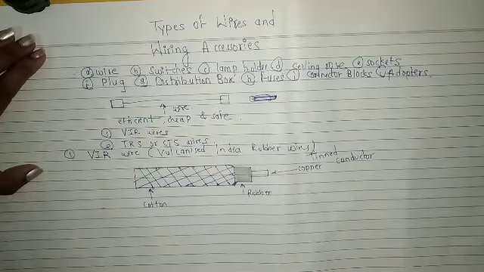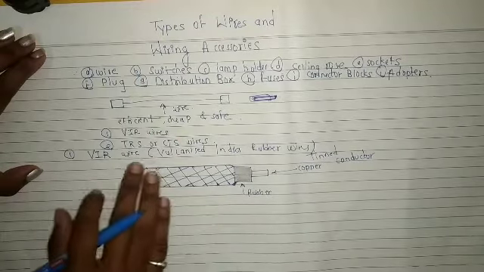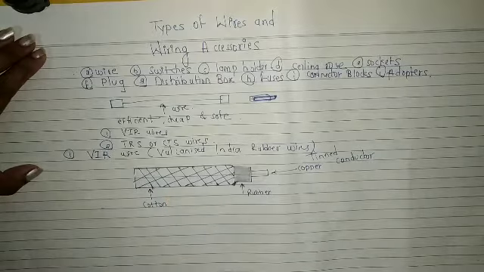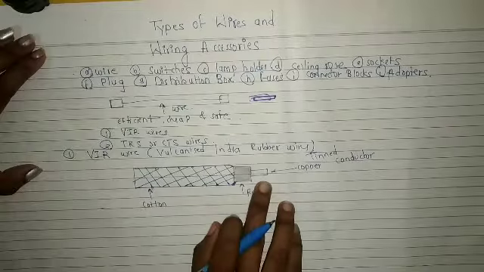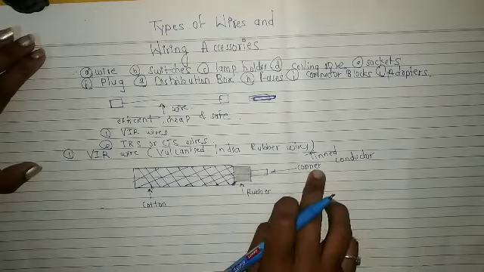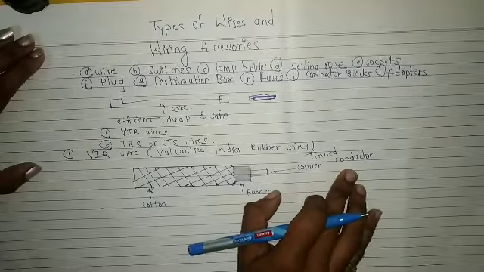You can see these are old fashioned wiring systems that were used. Now we'll see the construction of the VIR wire, what it consists of. From the diagram you can understand. This is copper, that means this is the conductor. It is a tinned copper conductor. What is meant by tinned copper conductor?